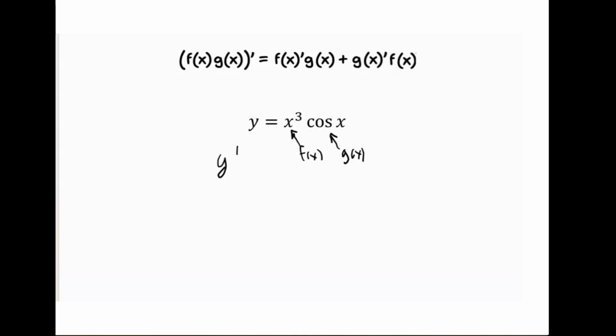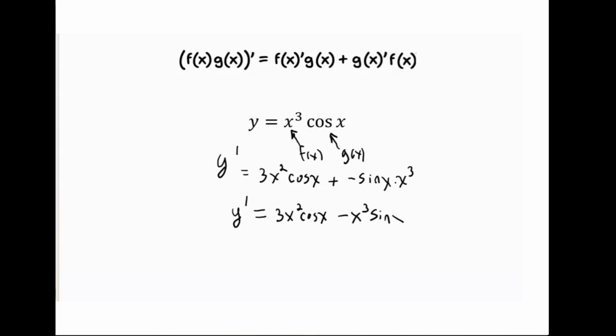So f prime would be 3x squared times g of x, which would be cosine x, plus g prime, which, the derivative of cosine is negative sine x, times f, which is x cubed. So I would write my final answer as y prime is equal to 3x squared cosine x minus x cubed times sine x. I'm going to put that x cubed out front.